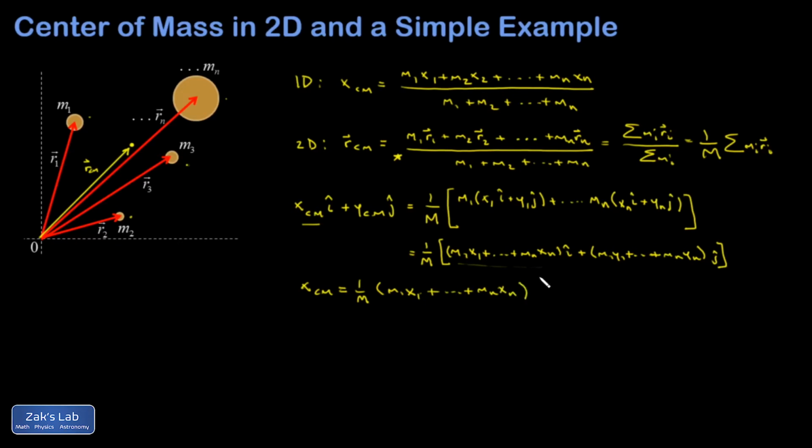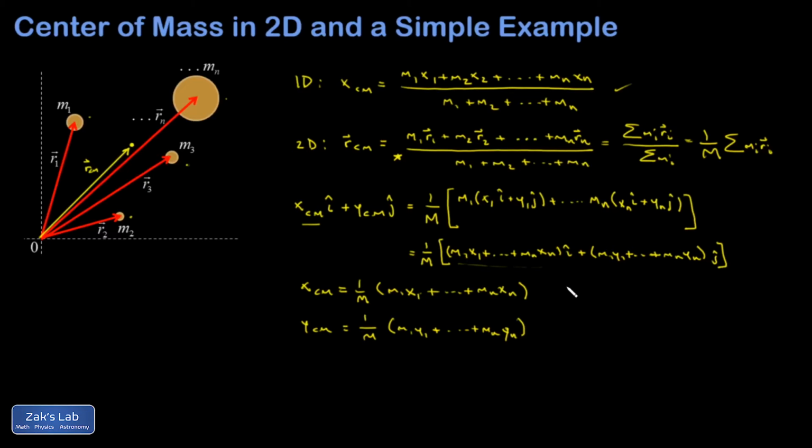In other words, it's exactly the same as the 1D formula. And my y center of mass is 1 over the total mass, m1 y1, plus all the way down the line to mn yn. And that's exactly the same formula, again, as the one-dimensional case.